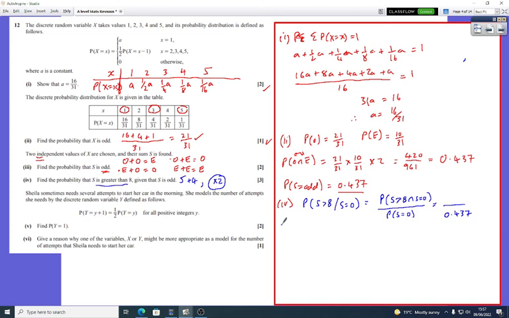So probability S is greater than 8 and S is odd is equal to, so we can select a 4, which is 2 out of 31, and then select a 5, which is 1 out of 31. And there's two ways you can do that, because you can select a 4 and a 5 or a 5 and a 4.